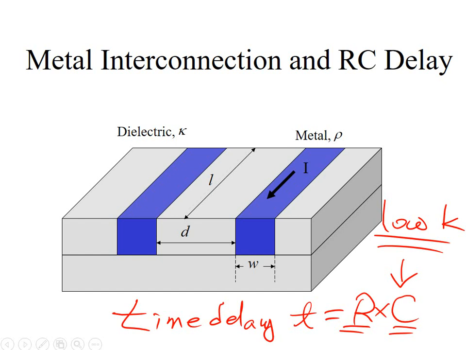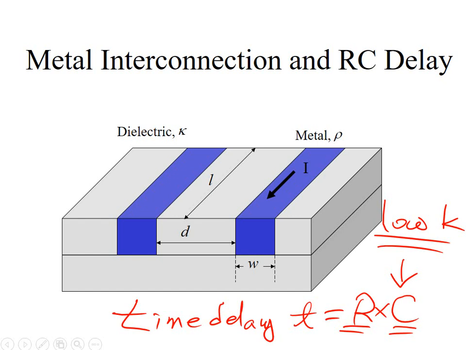In that case, a term called RC time delay will occur for consecutive signals. When you're sending out signals, there's an interval between two signals, and that is the RC delay, the time required for a consecutive signal to be sent out.